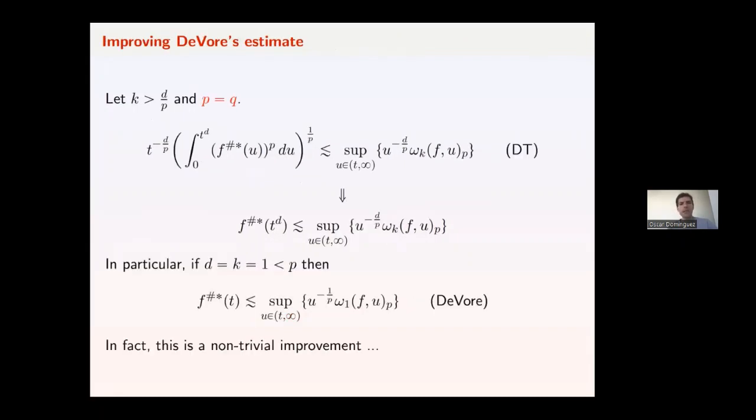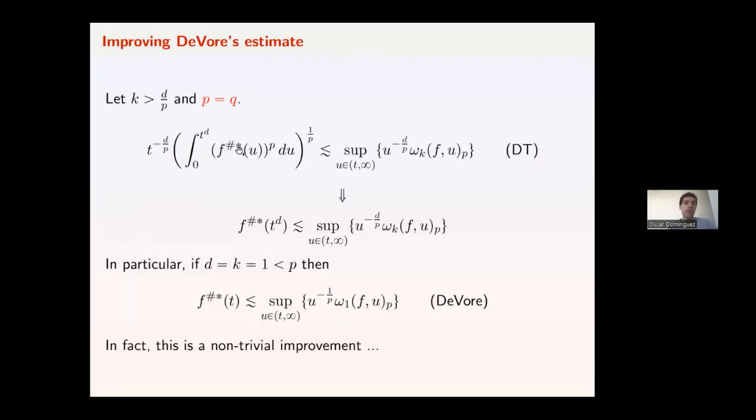And now, what happens if we take q equals p in our abstract result? If q is equal to p, we arrive at this pointwise estimate. And now I claim that this is an improvement of the Bourgain-Brezis-Mironescu-type inequality in the following sense.